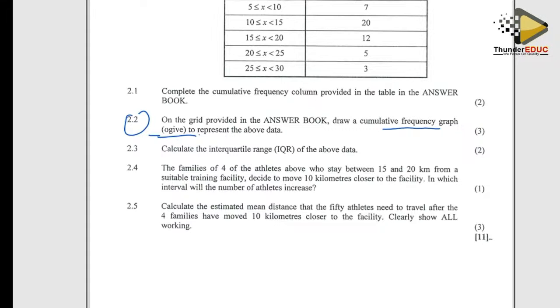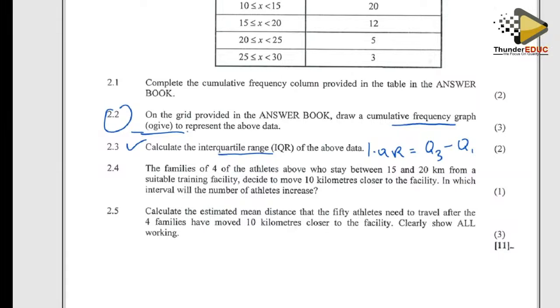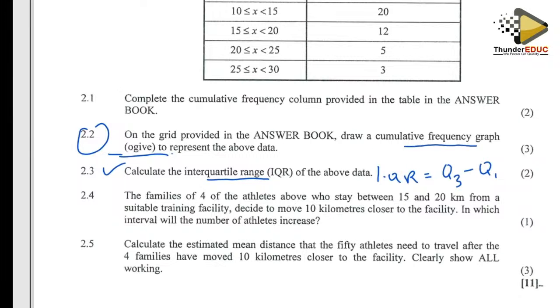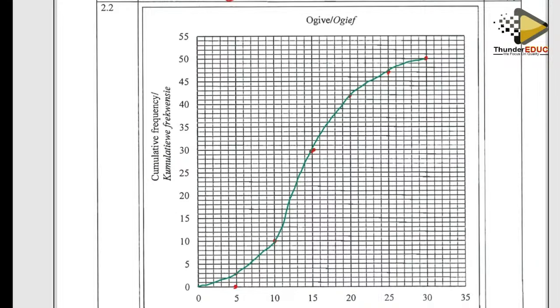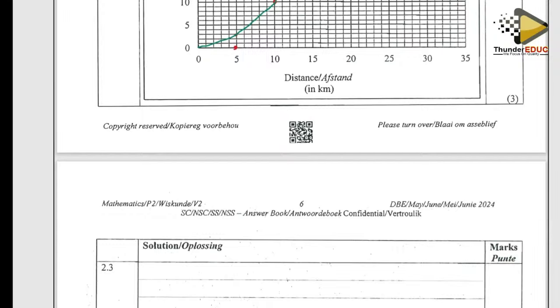They want us to determine the IQR, the interquartile range. Now we know that IQR is the same as Q3 minus Q1. So we need to determine these values from the ogive and then be able to do the calculations as requested. So below that, I'll say that my IQR is Q3 minus Q1.